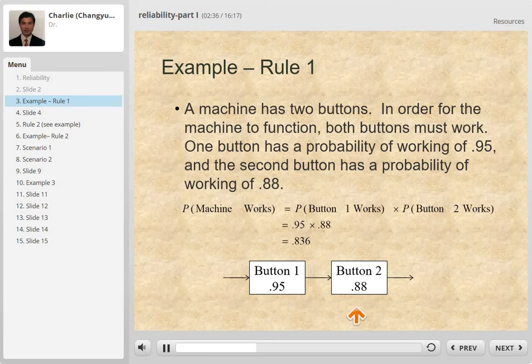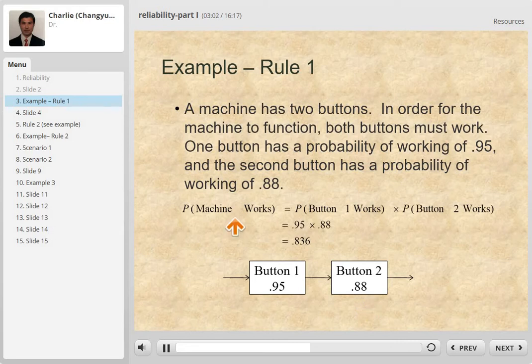So we have two buttons laid like this. The electricity goes from here into button 1, and then gets out of button 1, gets into button 2, and gets out. We want this whole thing to work, then we need button 1 to work and button 2 to work. Now the probability calculation looks like this.